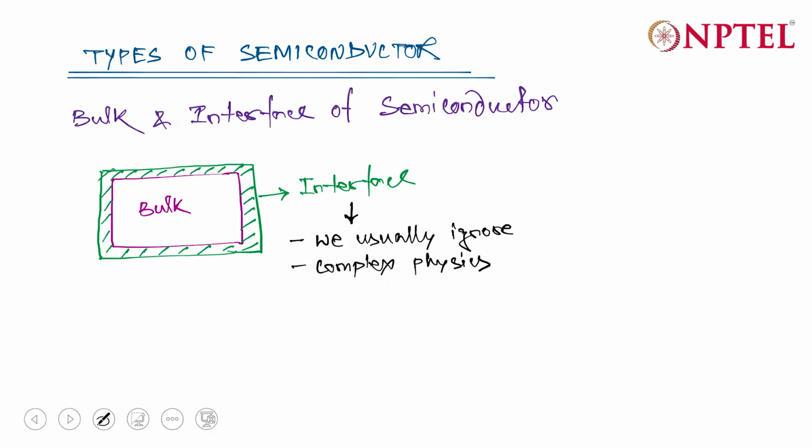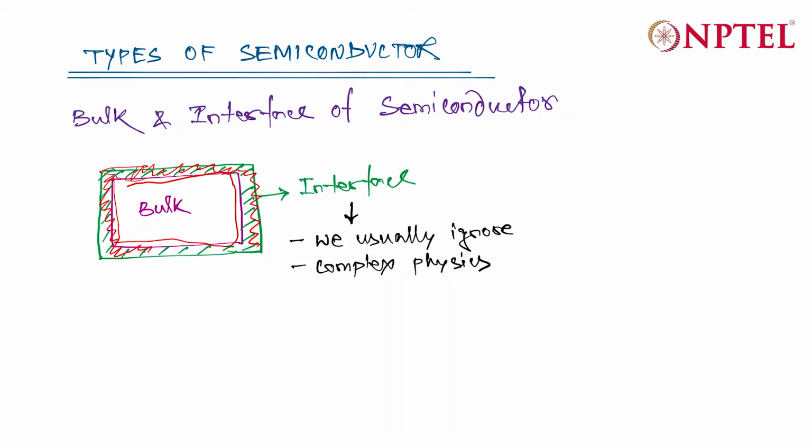Let us begin with the types of semiconductor. But before we discuss the types of semiconductor, let us see what is a bulk and what is an interface of a semiconductor. If you consider a block of semiconductor, then the surfaces or sides of this semiconductor is what we call interface.